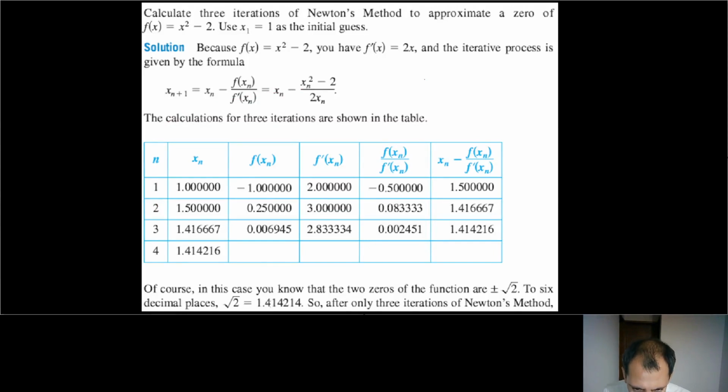The book says right here, because I already showed you guys that the convergence is 1.414214, right? So you have 1.416, and now we have 1.414216. So only this in here is wrong. Everything else is right, okay? So this is a good approximation method.